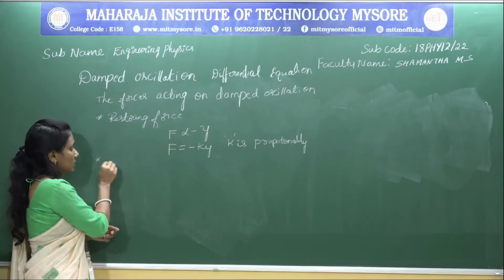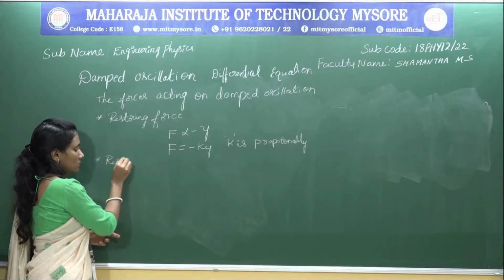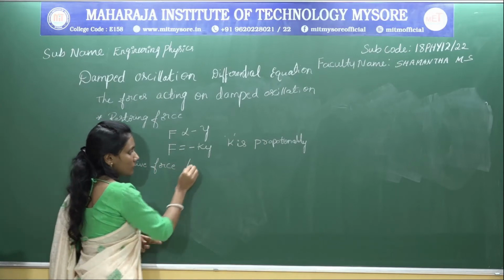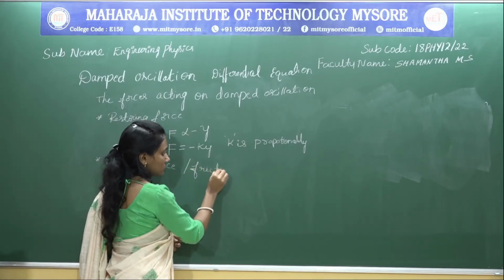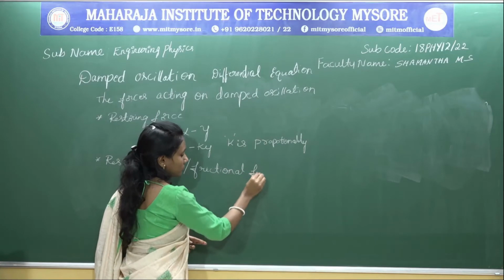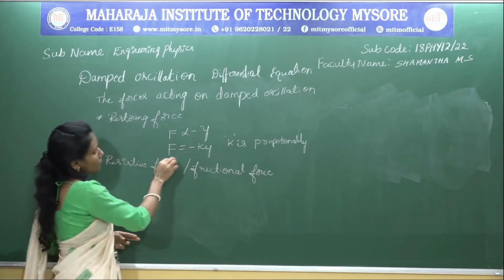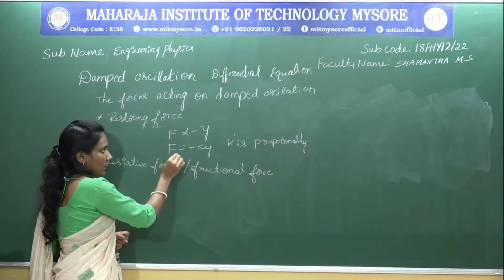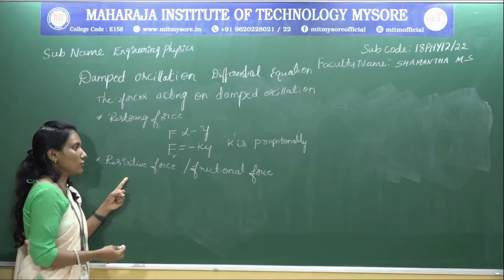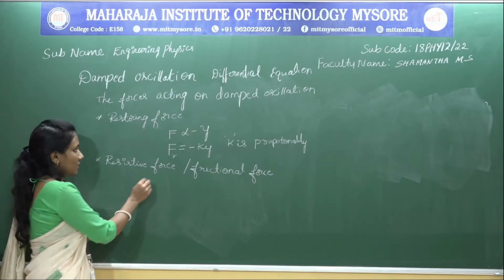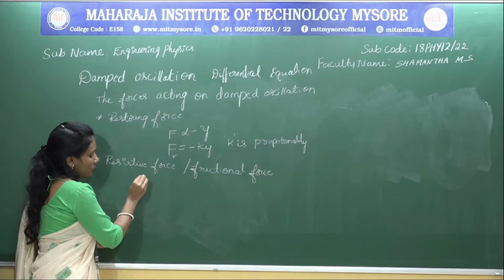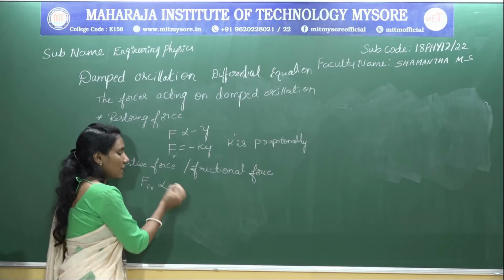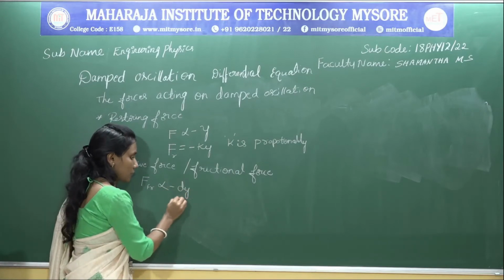Next, one more force, that is the resistive force, or frictional force. The restoring force we can represent by Fr, and the next is the frictional force or resistive force. The frictional force is directly proportional to the negative of the velocity.